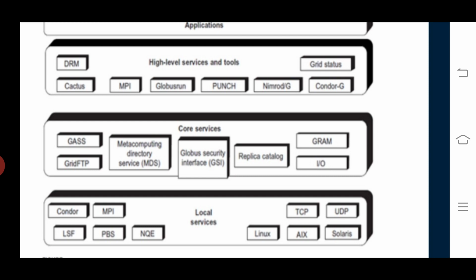Here we can look at the local services, such as LSF, TCP, Linux, and Condor, which are at the bottom level. These are all fundamental tools supplied by other developers. In the middleware we can see the core services, the GT4 core grid services, that is nothing but the module name.